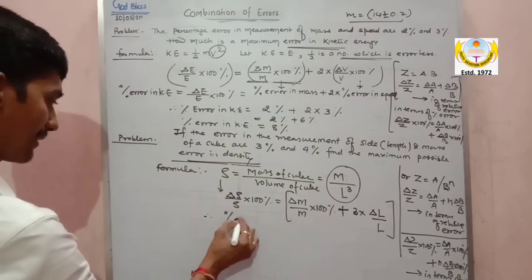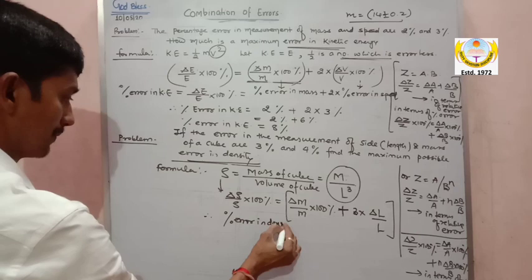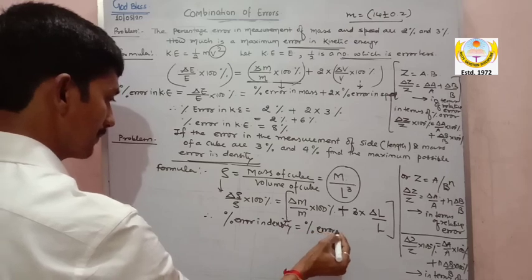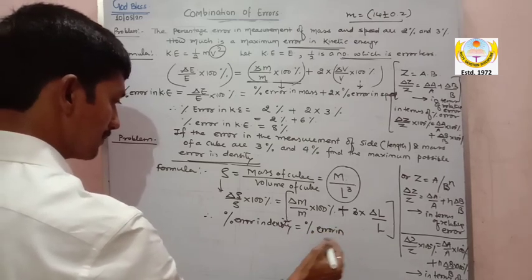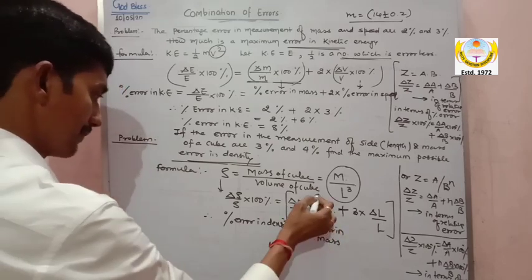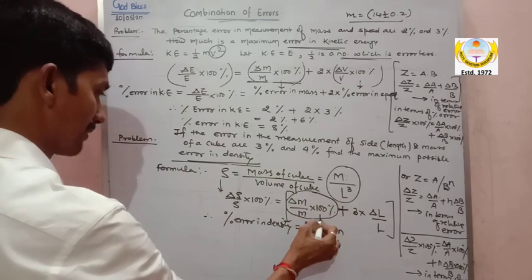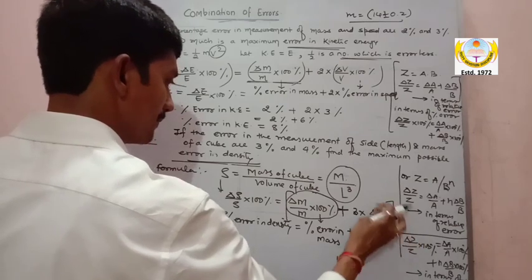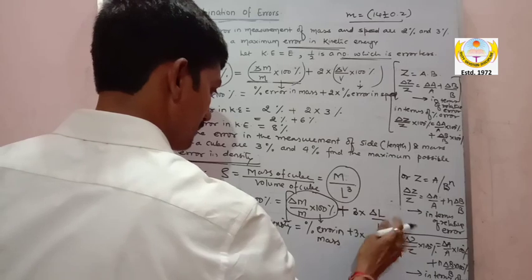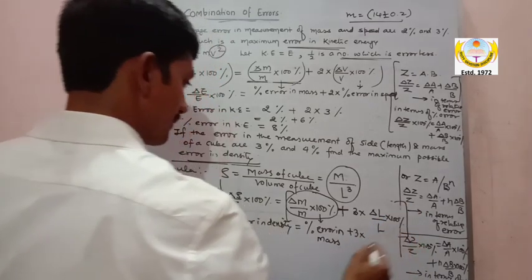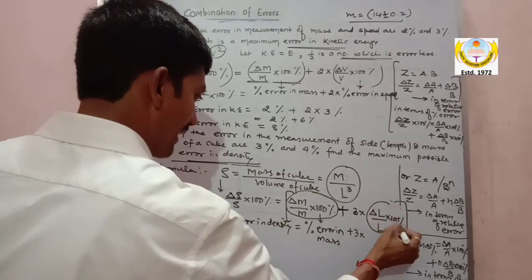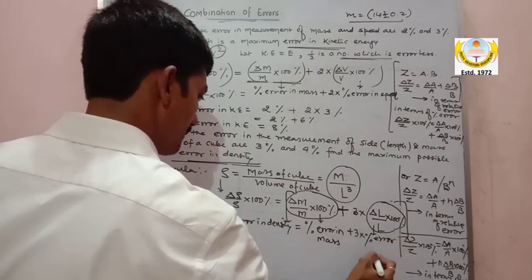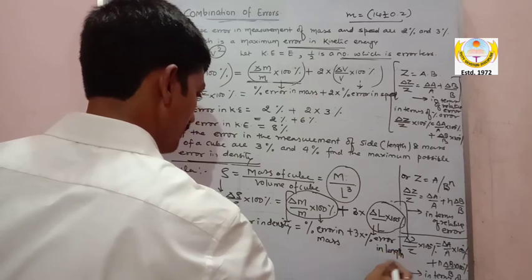This is percentage error in density is equal to, this entire thing is the percentage error in mass, plus 3 into, this is into 100%, and this entire thing is, my dear, percentage error in length or side.